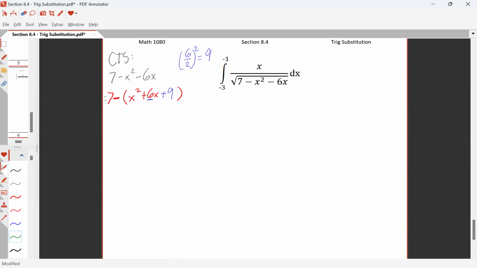Meaning this 9 I just added, I need to get rid of it. However, I did not actually add 9. I actually subtracted 9. So because I subtracted 9, I want to add 9 to keep it balanced.